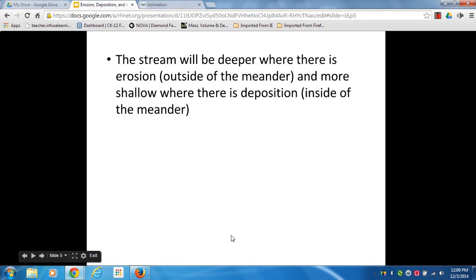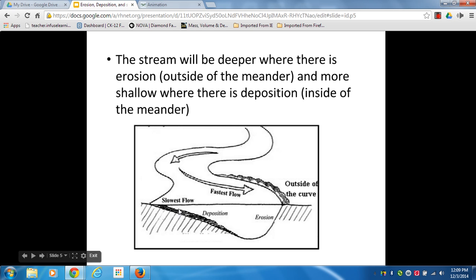So the stream will also be deeper underneath the water where there is erosion, that's on the outside, and more shallow where there is deposition, that's the inside of the meander. And that makes sense because as it's moving slower right here, it deposits its sediment and it builds up here. So we get deposition. And then on this side, we get erosion. So this side will be much steeper and it will be deeper on this side than it is on this side.